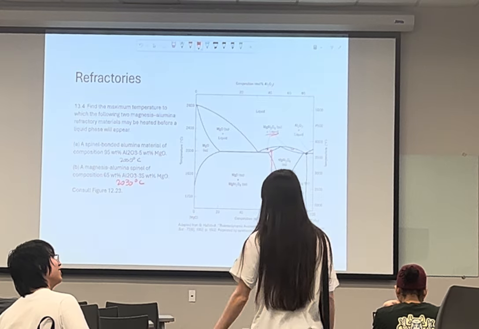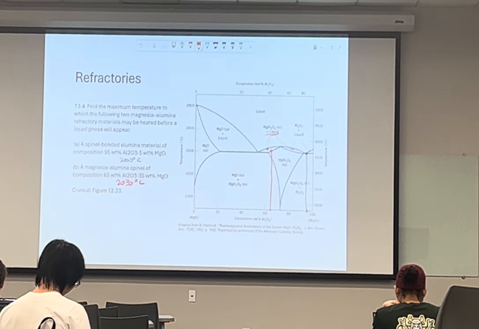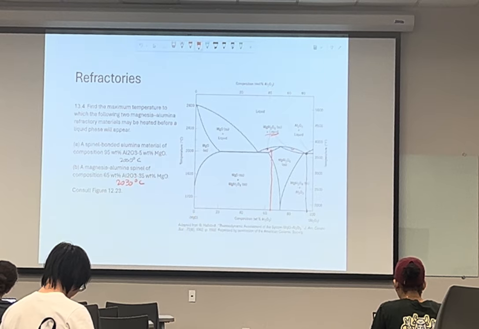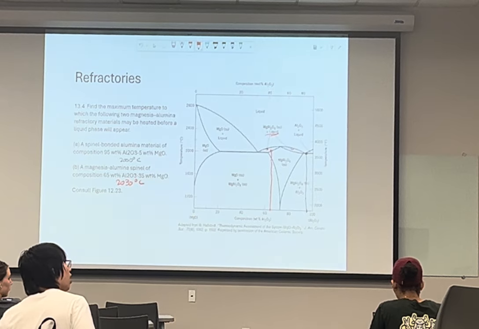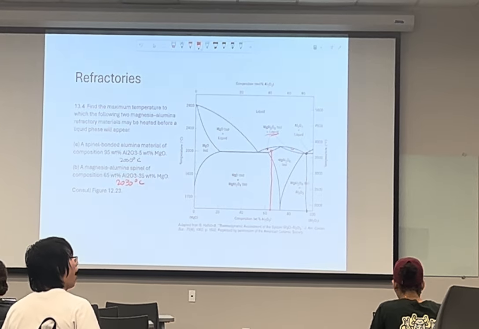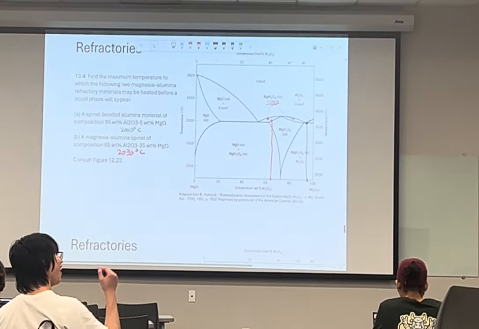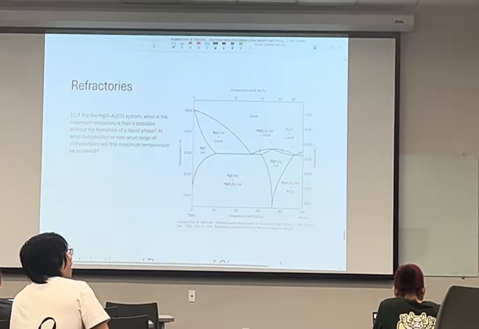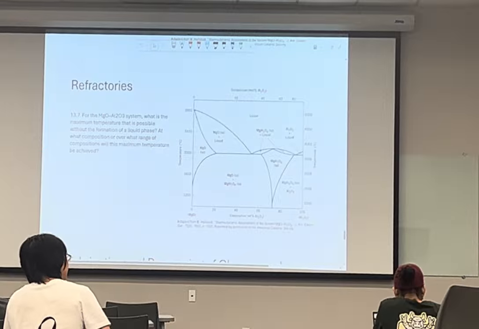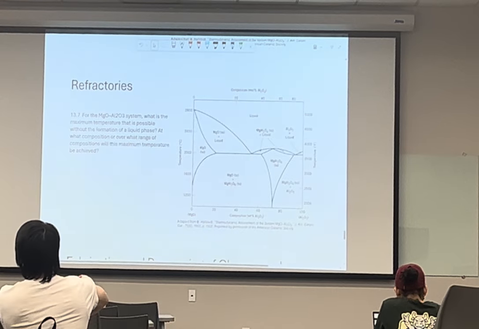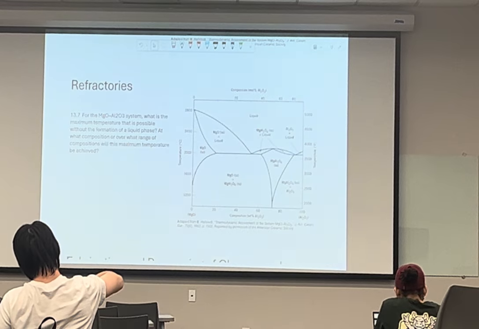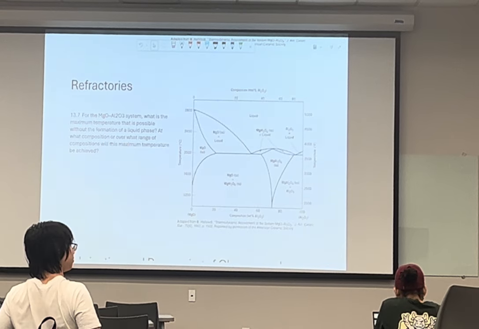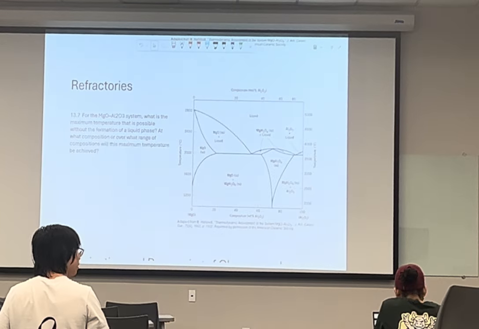Any questions on this one? So yeah, kind of straightforward. This one's like chapter 9 stuff, basically. And then if we go to this problem, it's asking about the magnesia alumina system. So same figure again as the last one.